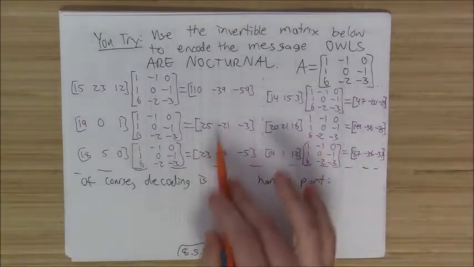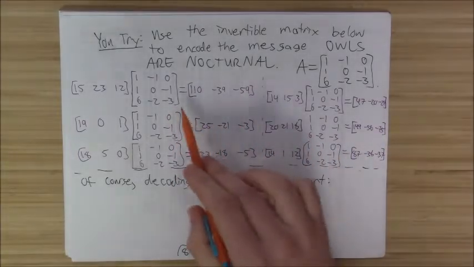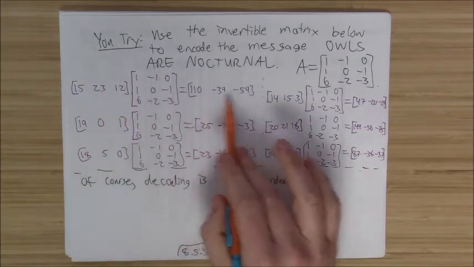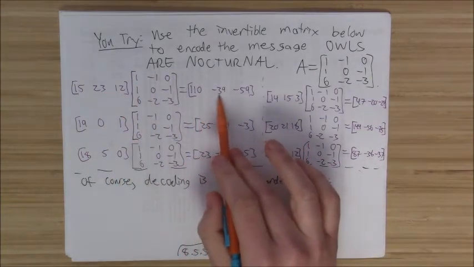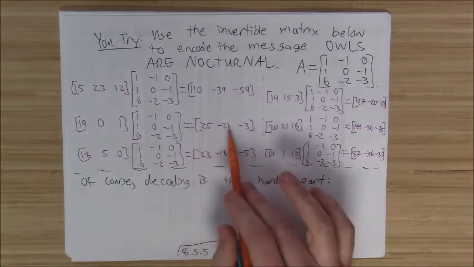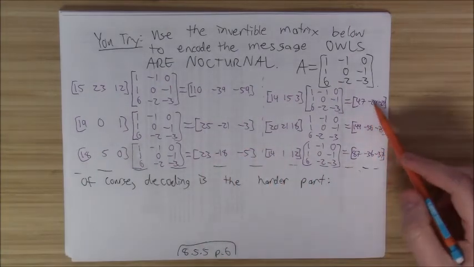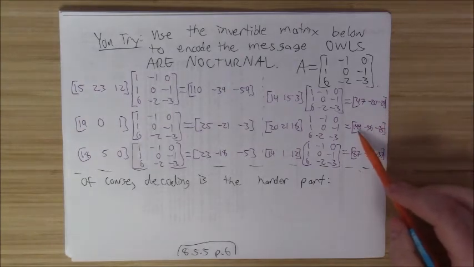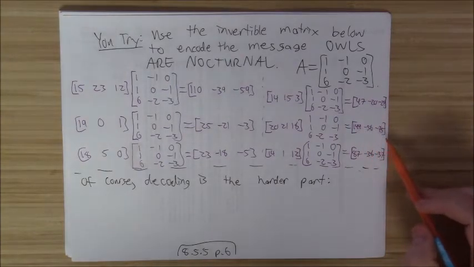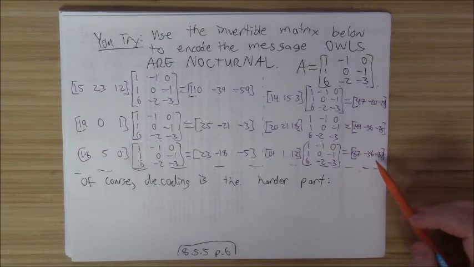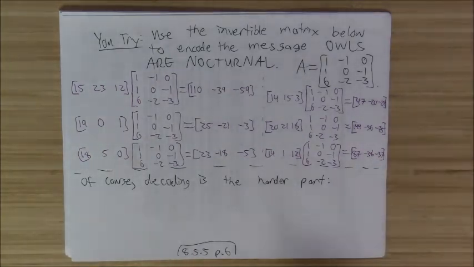When you go through and do all the encoding, you end up with the following numbers: 110, negative 39, negative 59, 25, negative 21, negative 3, 23, negative 18, negative 5, 47, negative 20, negative 24, 149, negative 56, negative 75, and 87, negative 38, negative 37. And of course, if you got the code, that would be the code you got.